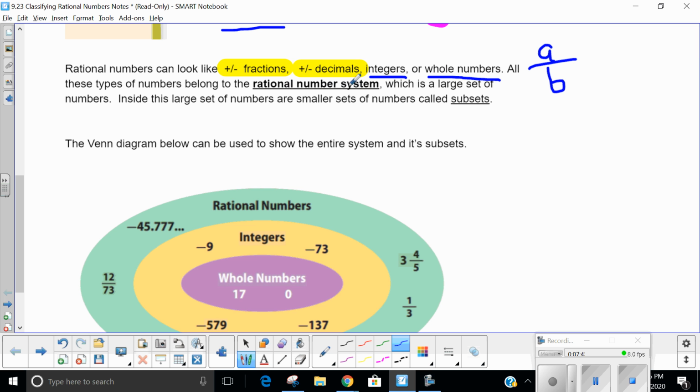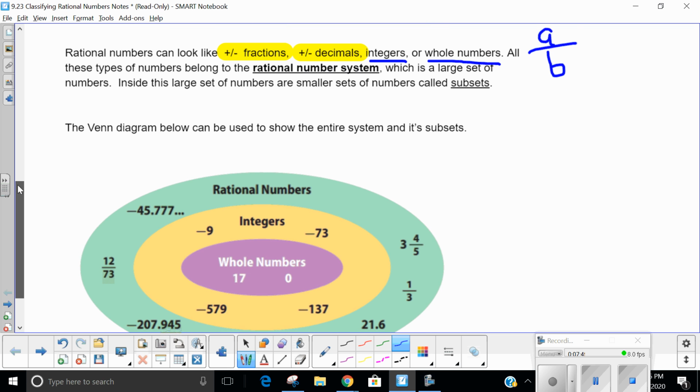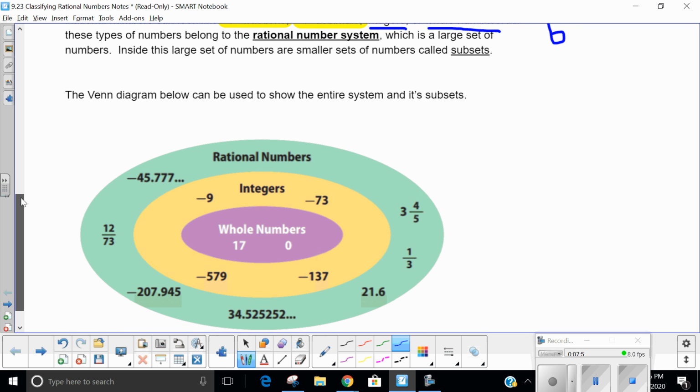Okay, the rational number system is a large set of numbers. So inside that large set of numbers called the rational numbers are these smaller sets of numbers, and those smaller sets are known as subsets.